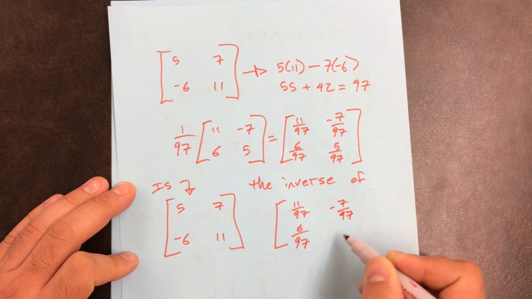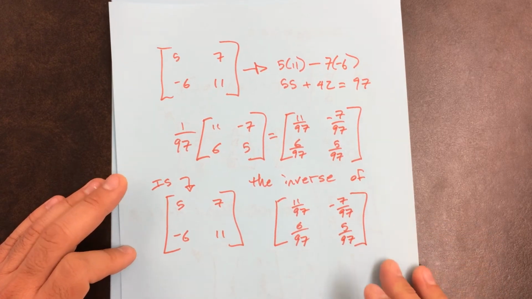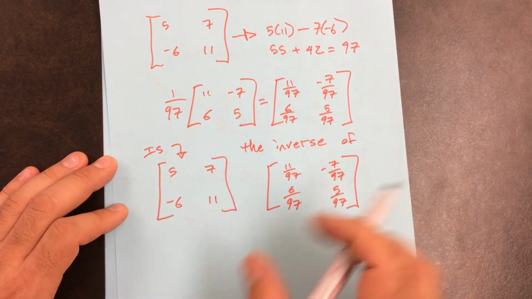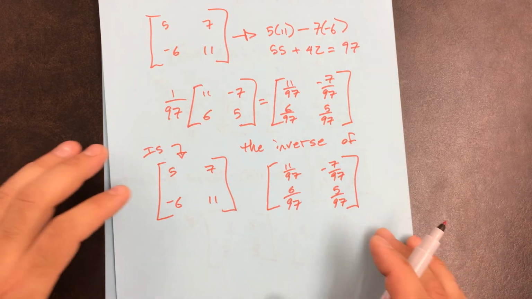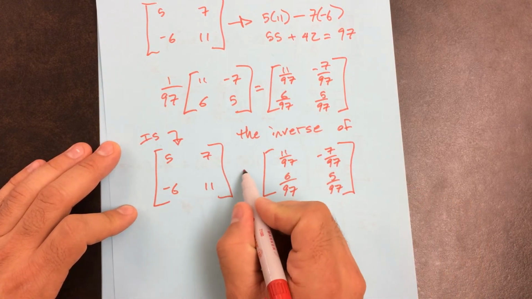Now obviously I just did this problem, so I know that they're inverses. But what I can do is either find the inverse of this matrix and see if it is this one, or I can multiply the two together. When you multiply two inverses together, you should get the identity matrix. So I'm going to multiply these two together.